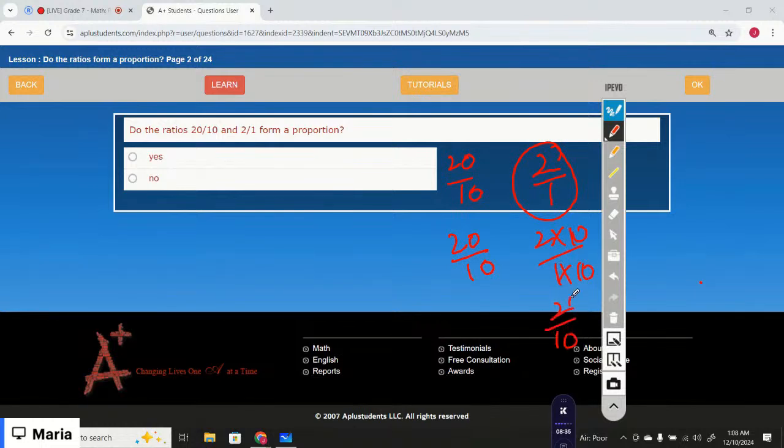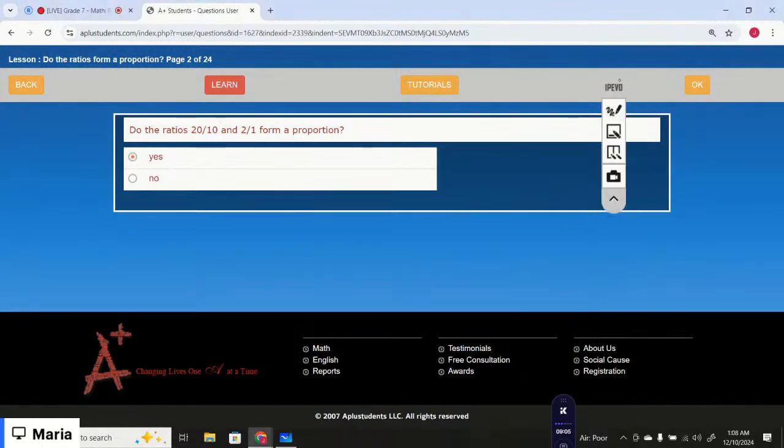So when you multiply it by 10, it is exactly the same as this fraction, right? So both the fractions are exactly equal. That means yes, they are proportion. Option number 1 is the correct option. That is yes.